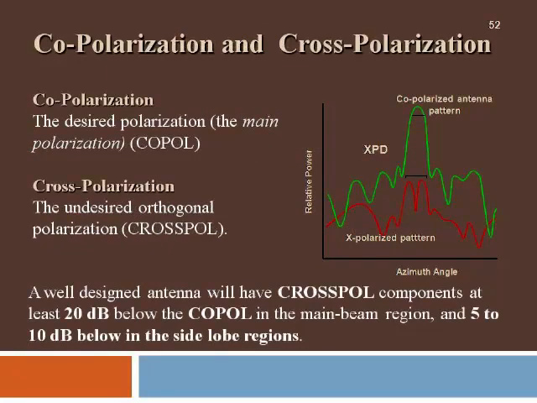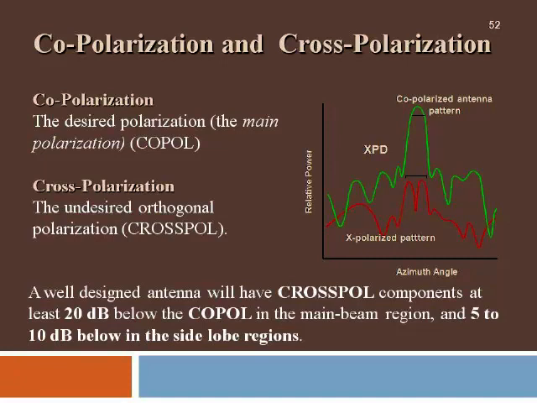Here we have two terms which are very popular in the context of polarization. One is copolarization, the other one is cross polarization. What do we mean by copolarization? The desired polarization in any particular case is what we call copolarization or simply copole.